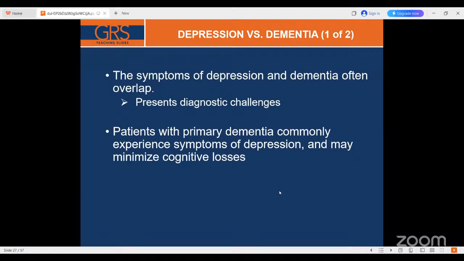Then we have depression. As we said, depression is called pseudodementia. Sometimes the symptoms of depression and dementia overlap. This is most likely because even patients with dementia are sometimes depressed. Depressed patients with primary dementia commonly express symptoms of depression and minimize the cognitive loss.